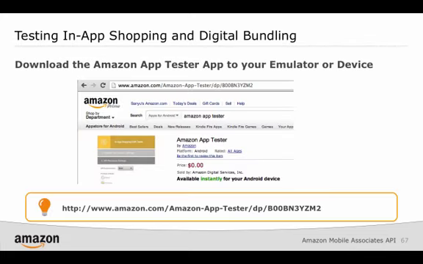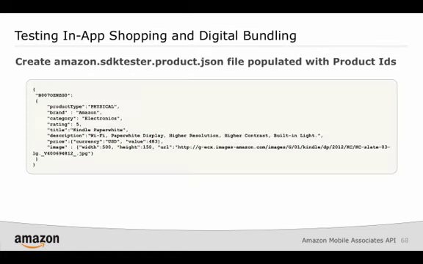You can download the Amazon App Tester onto your Android device or emulator directly from the Amazon App Store. Just search for the Amazon App Tester or go directly to the link listed here. The sample JSON file shown here contains product information for a specific ASIN. This data will be read in by the Amazon App Tester to simulate data from Amazon.com when the app is in test mode.